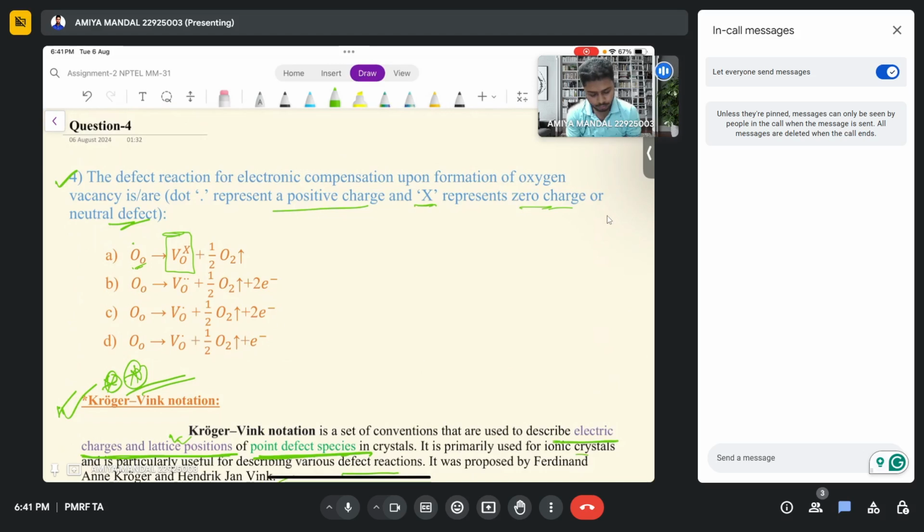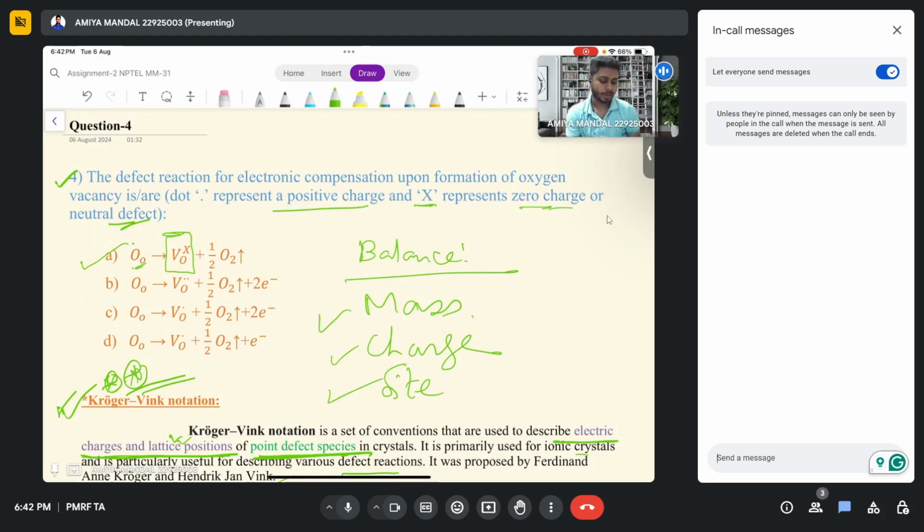If one oxygen leaves from the site inside, then one vacancy will be created. So this option will be correct with neutral charge. So here balance will be there. What type of balance? Mass balance, charge balance, site balance should be balanced in these reactions.